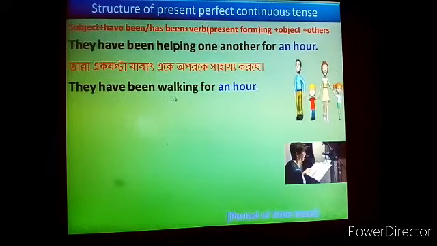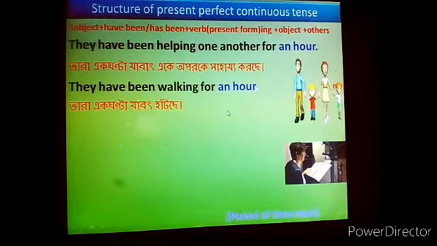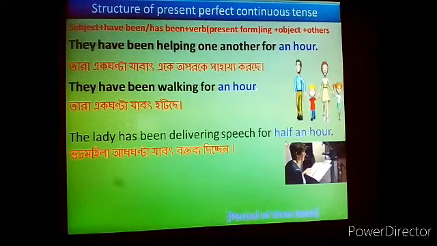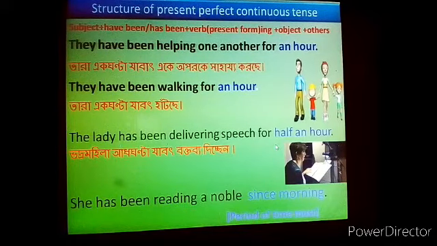Similarly, they have been working for an hour. The lady has been delivering a speech for half an hour. She has been reading a novel since morning.